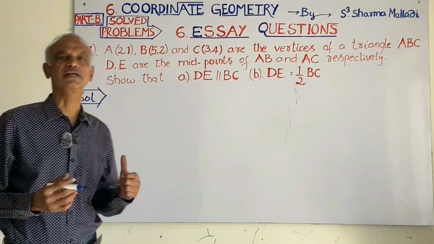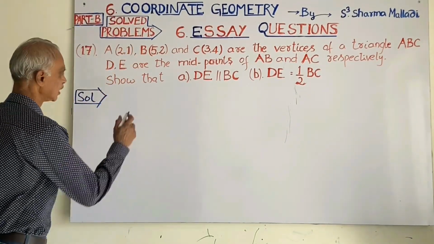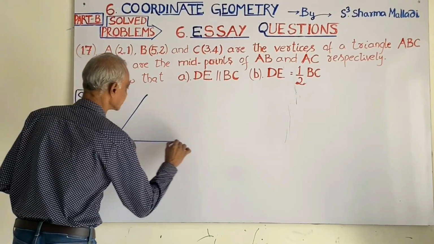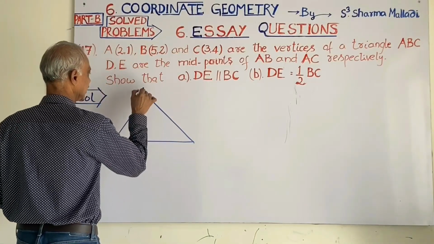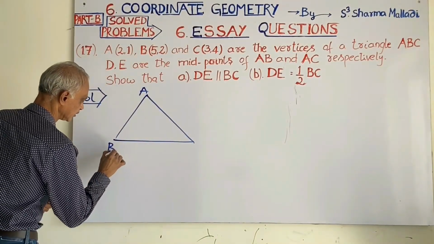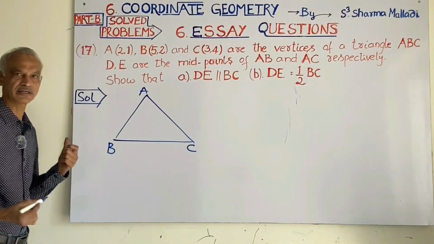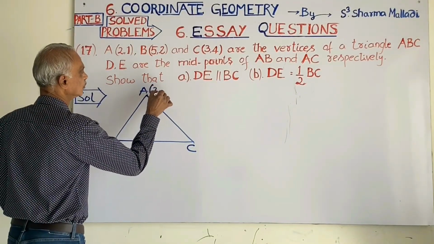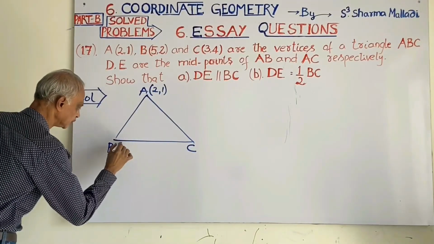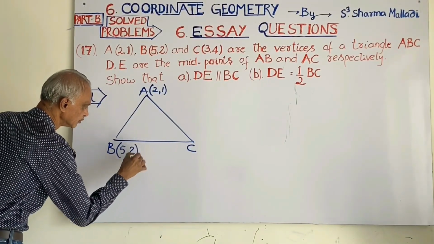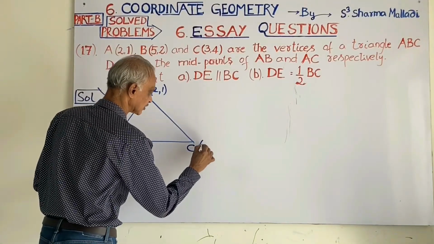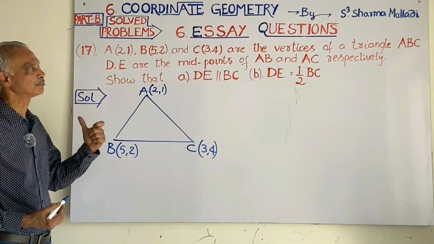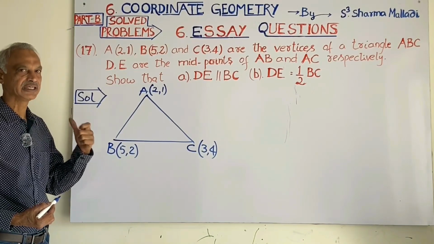First you have to draw a triangle ABC. We will draw a triangle ABC. First we have to draw a triangle ABC and A is (2,1), B is (5,2) and C is (3,4). Now D and E are the midpoints of AB and AC respectively.